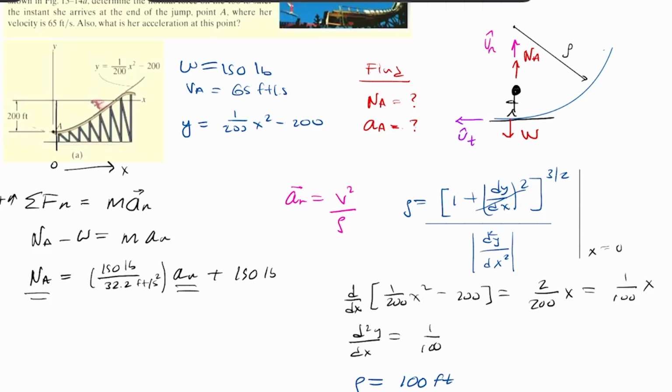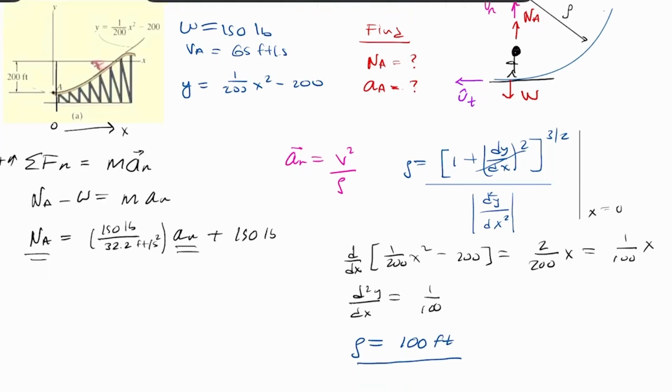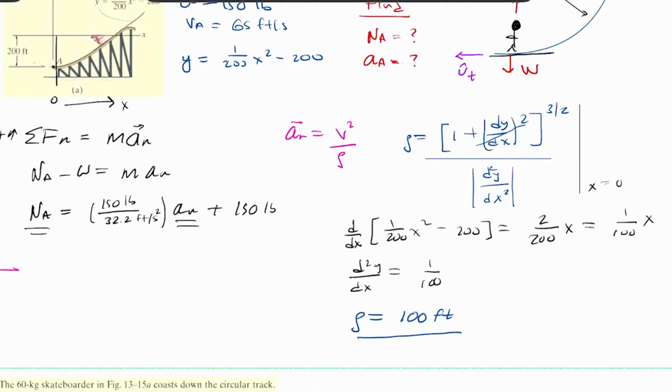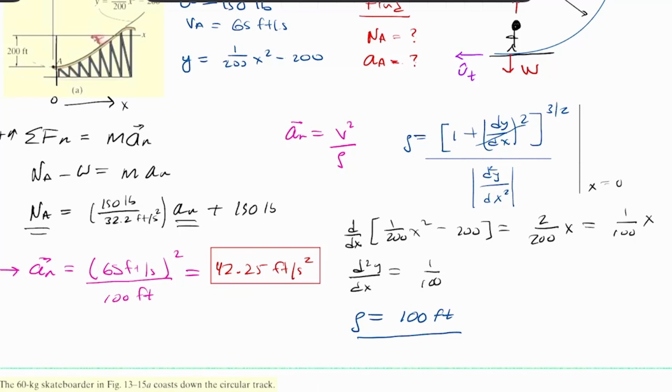So with these values, we can now find the normal acceleration. The normal acceleration will be 65 feet per second, everything squared, divided by 100 feet, which gives us approximately 42.25 feet per second squared, and that is the acceleration at that point.